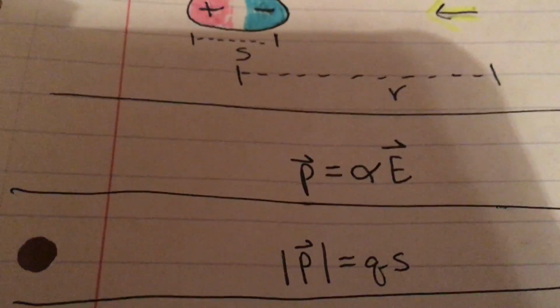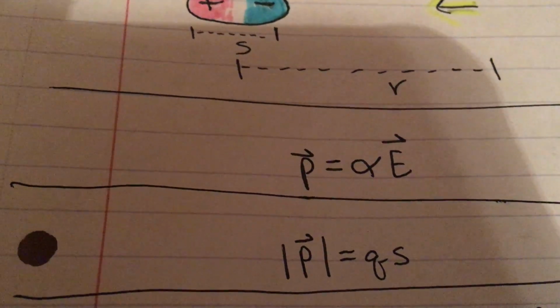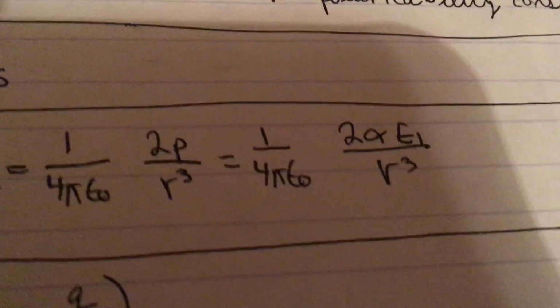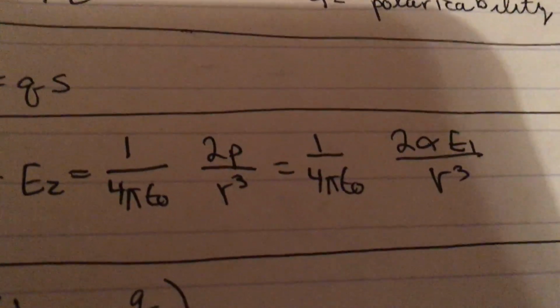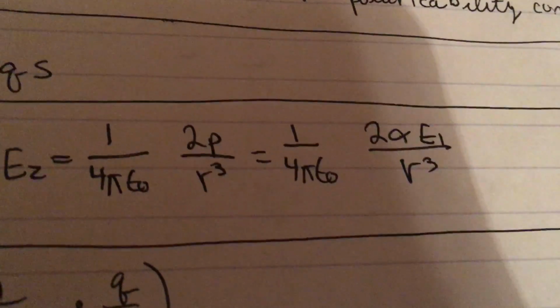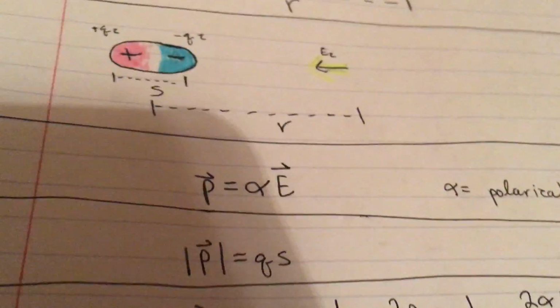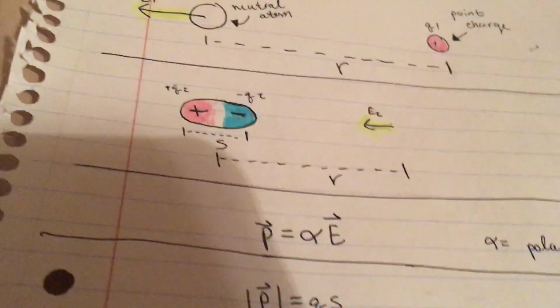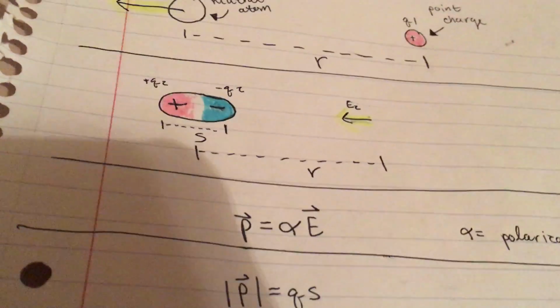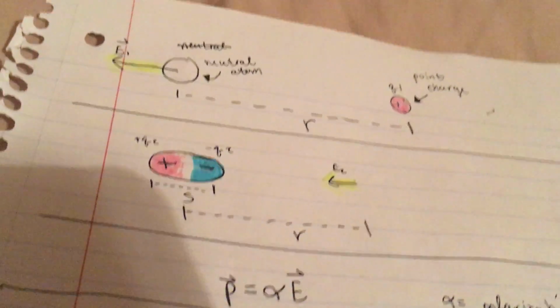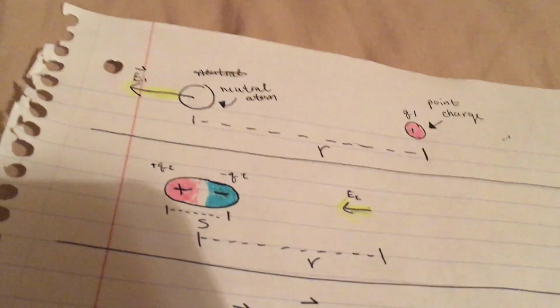We can take p and plug in the function for the dipole moment up here and get 1 over 4 pi epsilon naught times 2 alpha times the electric field times 1 over r cubed. This function may look familiar as it is derived from a previous function, the electric field parallel to a point charge, which is 1 over 4 pi epsilon naught times 2qs over r cubed.